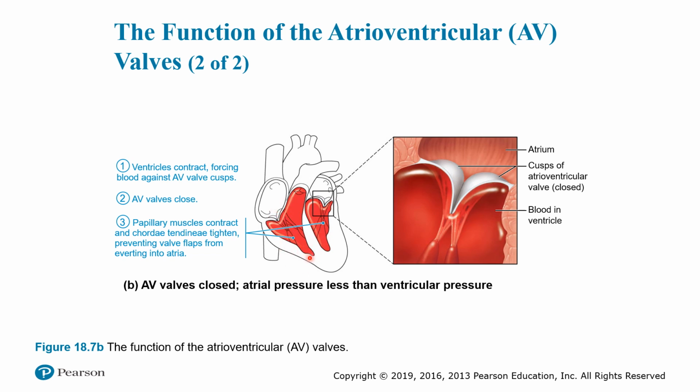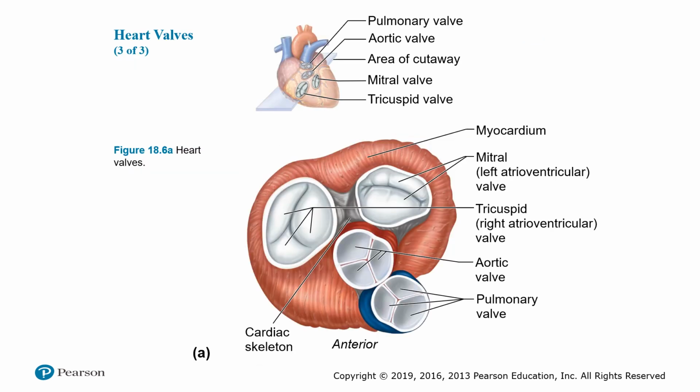So this happens on both the left and the right side. So now we have blood in the ventricles. We went over these two valves, and our blood is in the ventricles. Now let's see what happens to these two valves, because as these valves close, these valves are going to open.